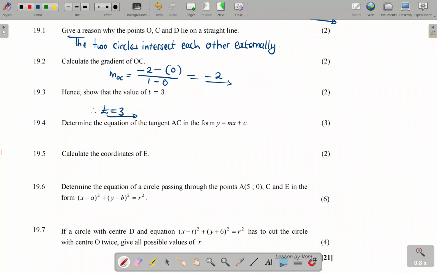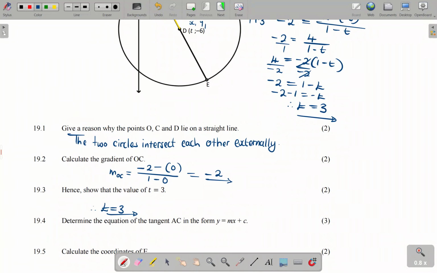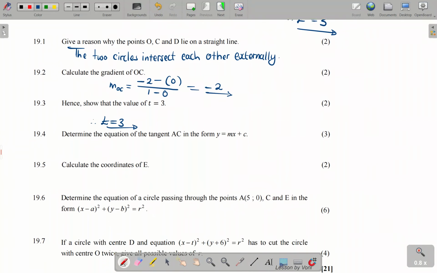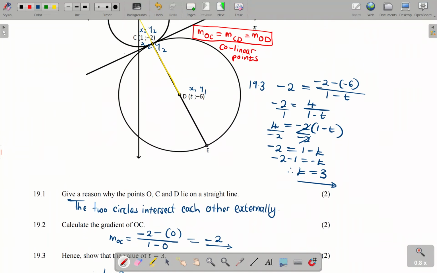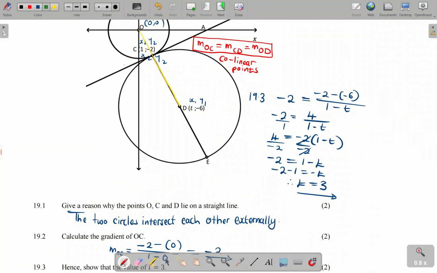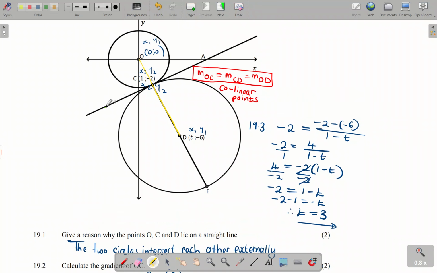Now, determine the equation of the tangent AC in the form y equals mx plus c. To determine the equation of AC, that's very simple. Here, look, this is the straight line, the tangent, and then you have this line.